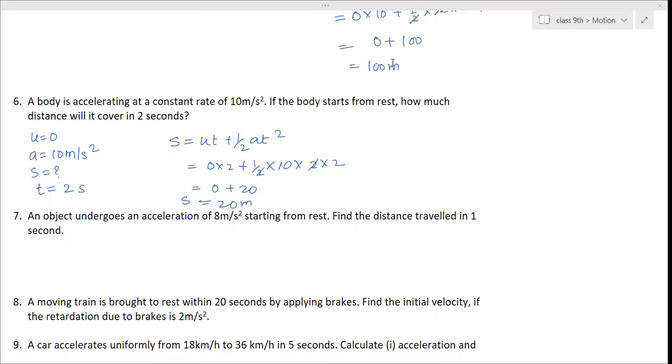Ma'am, in the seventh question is the distance 4 meters?